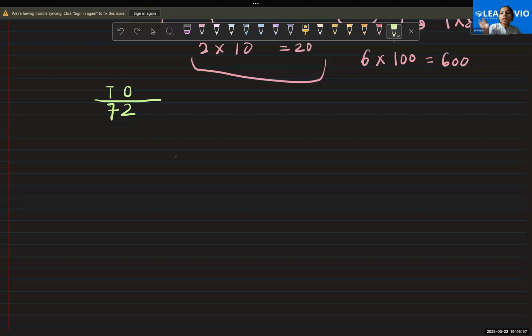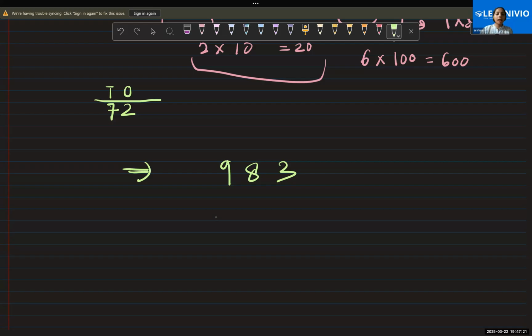Okay. Now let's take a bigger number. Now let's say we have 983. How many digits are there in 983? 3 digits. Now if there are 3 digits, what will be the highest place value here?